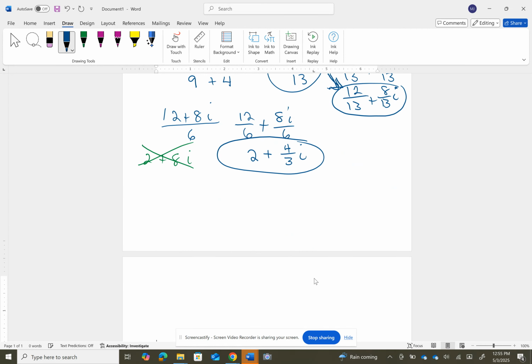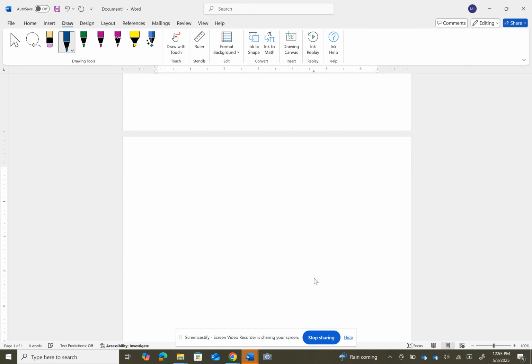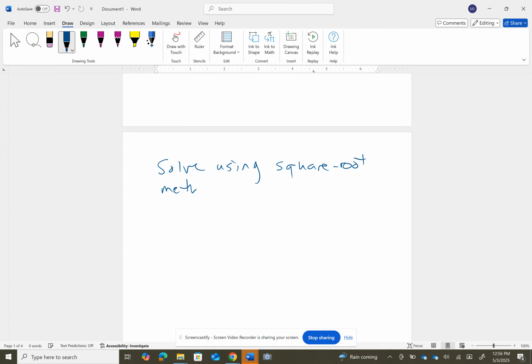Get some paper here. All right, so if you had a problem like this, if it said solve using the square root method, then it's going to be a problem that would probably be best done using that method.